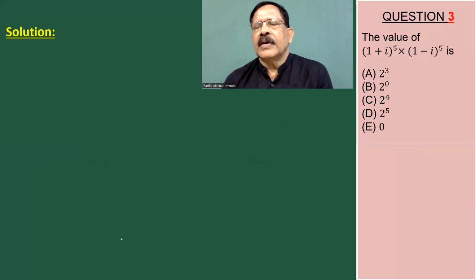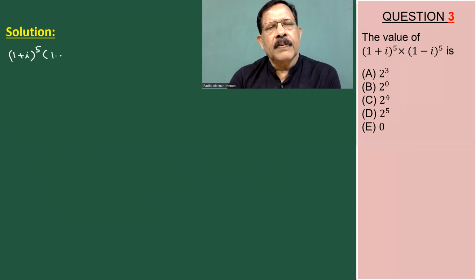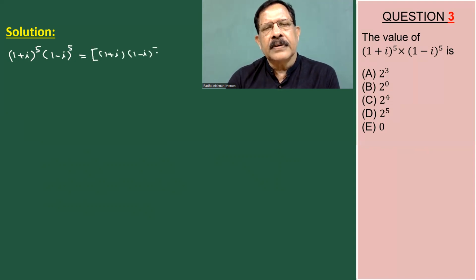(1 plus i) whole raised to 5 into (1 minus i) whole raised to 5. We can group 1 plus i and 1 minus i. We can write it as ((1 plus i) into (1 minus i)) whole raised to 5. What is (1 plus i) into (1 minus i)?